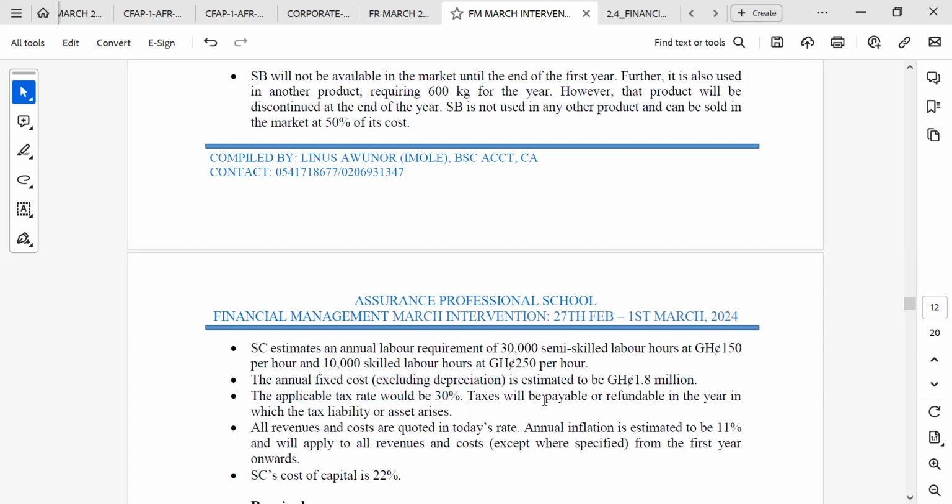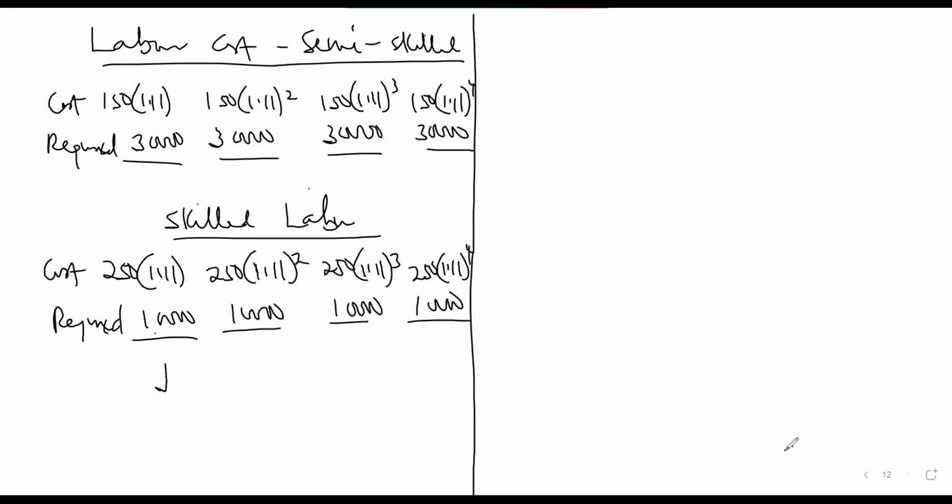So the fixed cost every year is what? Are we here? 1.8 million. If we are keeping 3 zeros, that would be 1,800, isn't it? Yes.